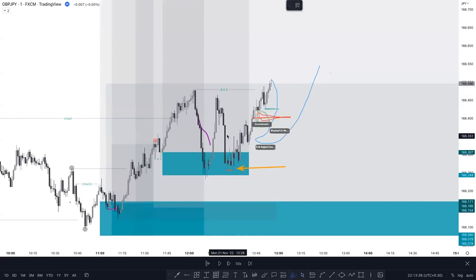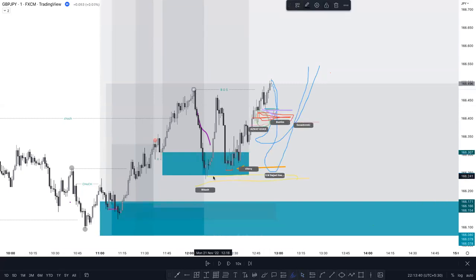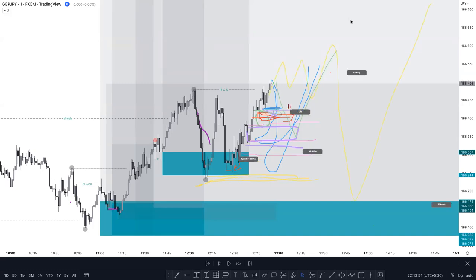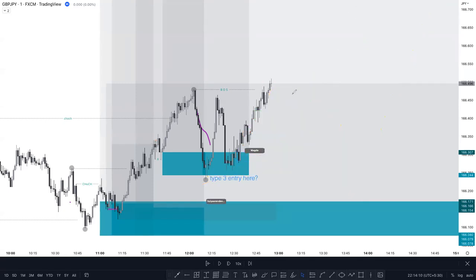So right now we have a range between this high and this low, right? So where is our inducement? Where is our extreme? Okay, perfect.